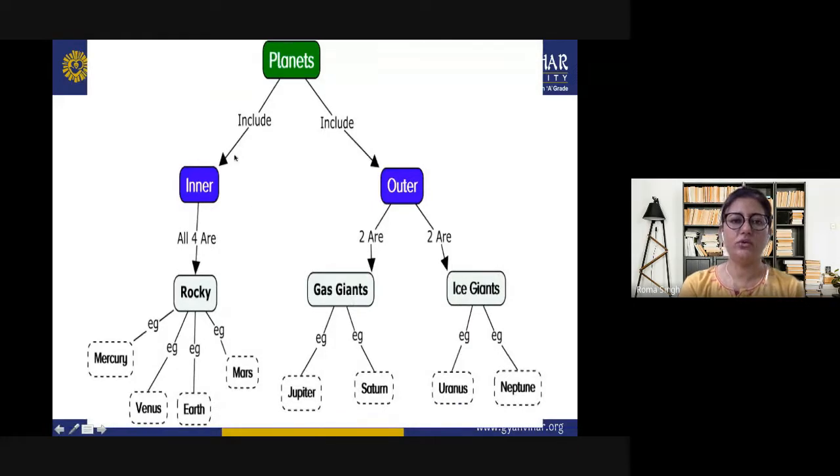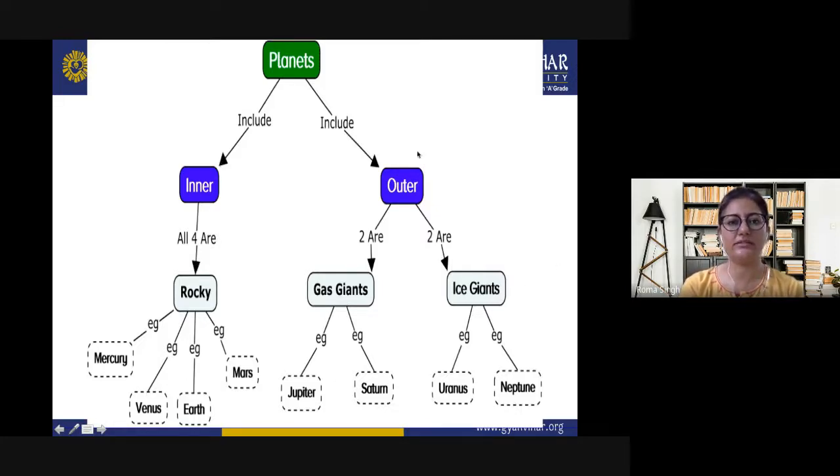So these are the nodes, the important concepts. Then these are the connecting lines. And these are the labels on the line, the important phrases which are interlinking the various nodes like this.